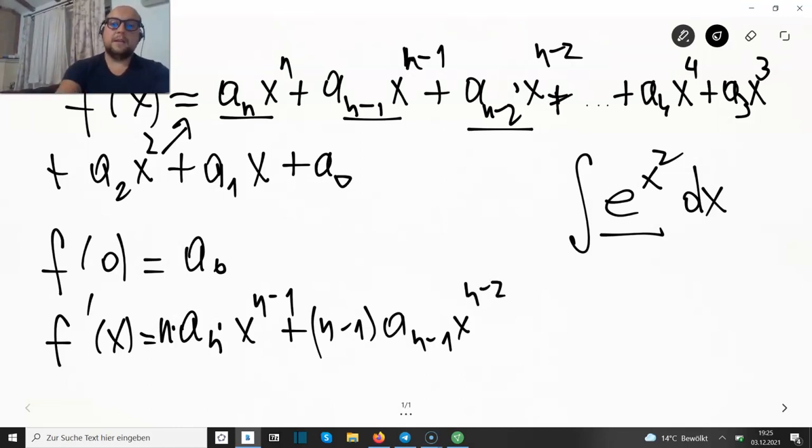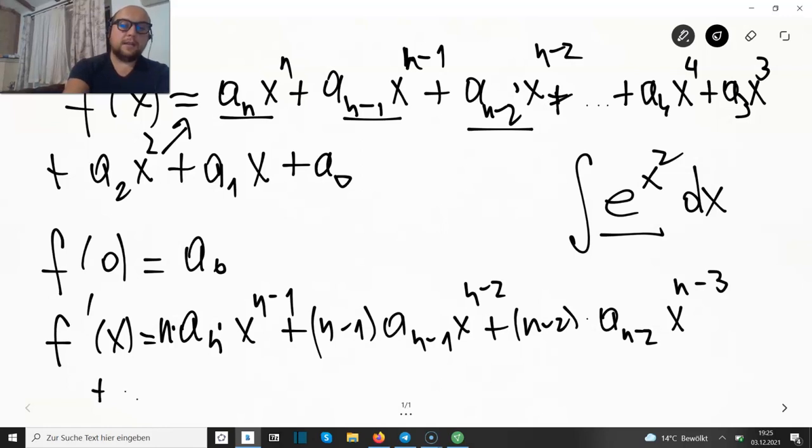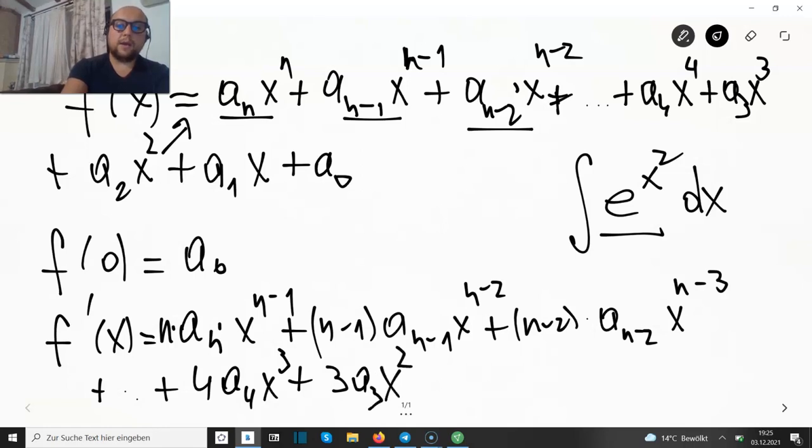Then we have a n minus 2 times n minus 2, x to the power of n minus 3, and so on. And then we have, as you can see, 4 a4 x cubed, 3 a3 x squared, 2 a2 x plus a1 only.